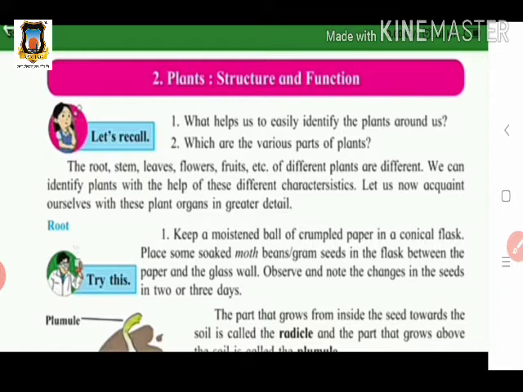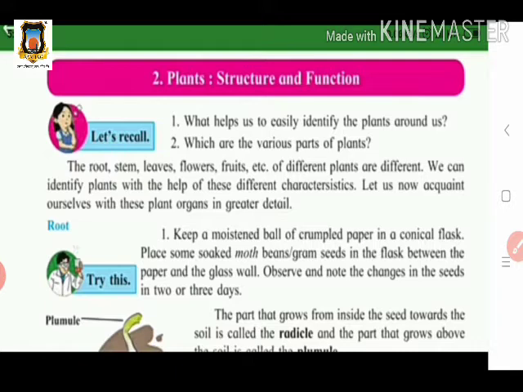It means how can we identify these various types of plants? Whether it is a mango tree, a banyan tree, or an apple tree, it is identified by using their body parts. Okay, so let us now acquaint ourselves with these plant organs in greater detail.